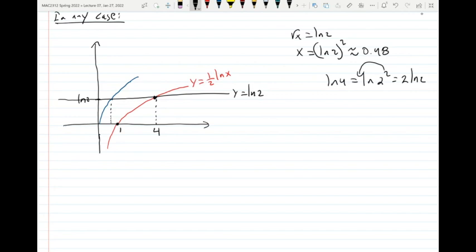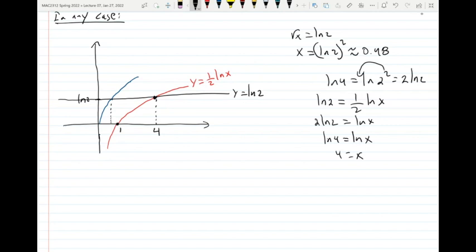If you want to see the long story, you will need to solve this little equation: ln of 2 equals 1/2 ln of x, right? And then you solve it. So it's the same thing as 2 ln of 2 equals ln of x, that's ln of 4. And as you know, the natural log function is 1-to-1. So that means if ln of 4 equals ln of x, then 4 must be x. Or if you want, you apply e to both sides, and then it cancels the ln.